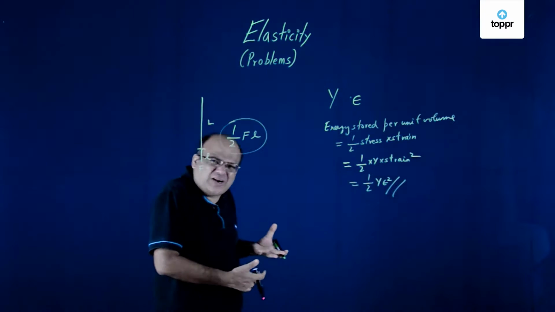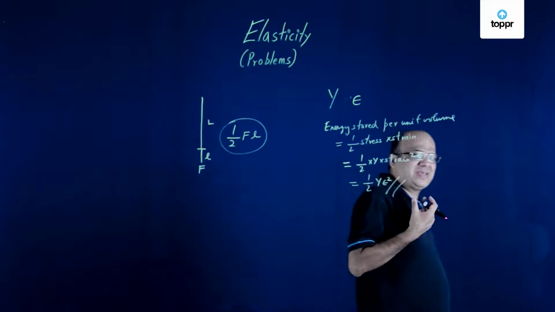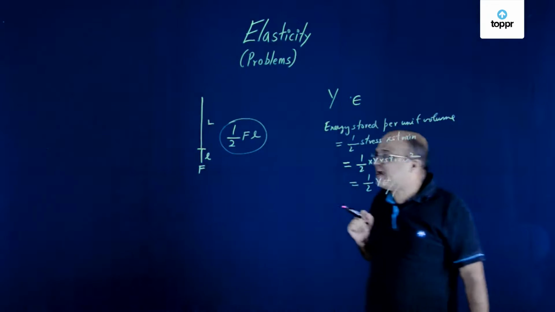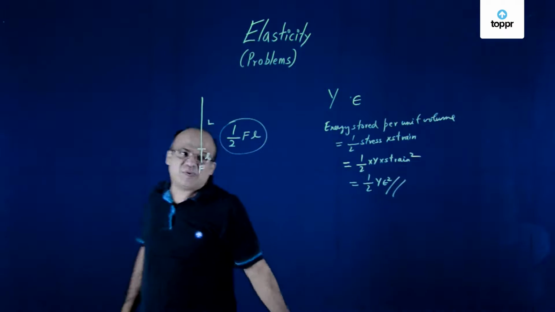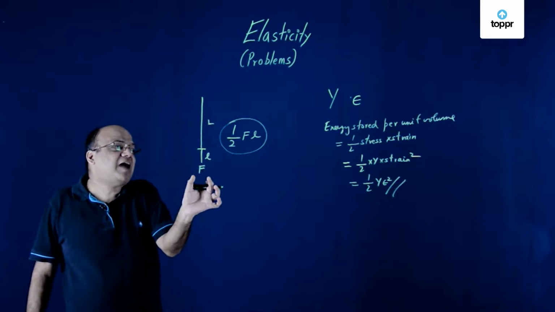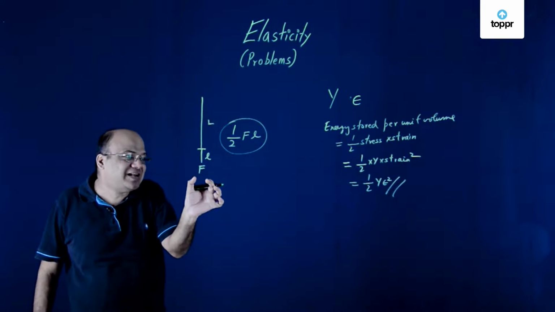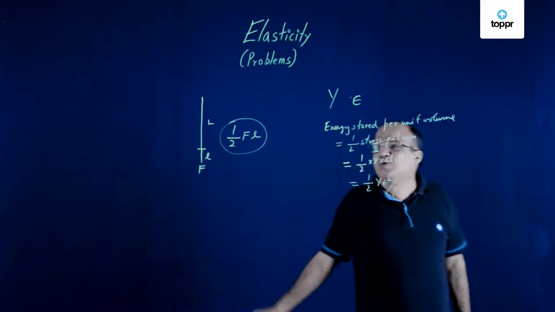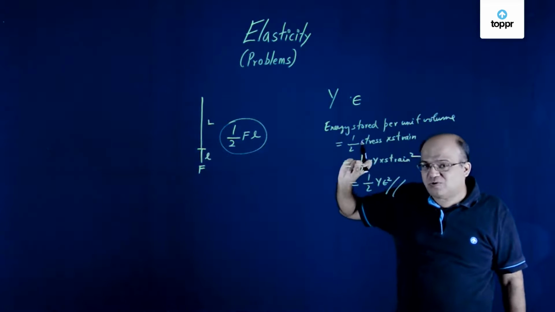So this is the energy stored per unit volume. We looked at 2 simple questions right now. One wire was having a length L. Some force F was applied on that. The length increased by small l. So the energy stored in this situation will be average force into the increase in length. Average force is F by 2, so F by 2 into l gives us the energy stored.